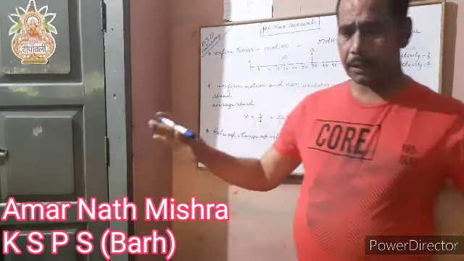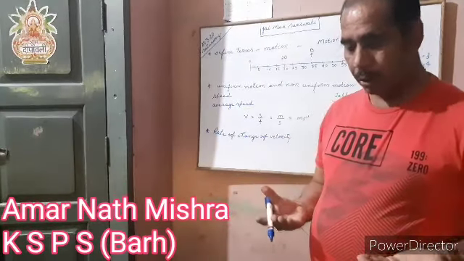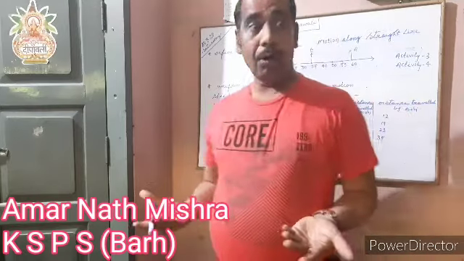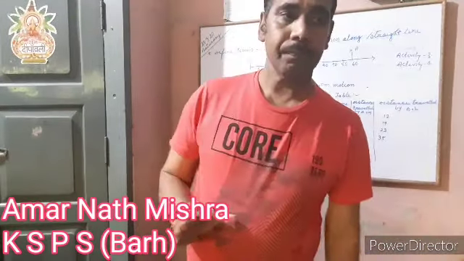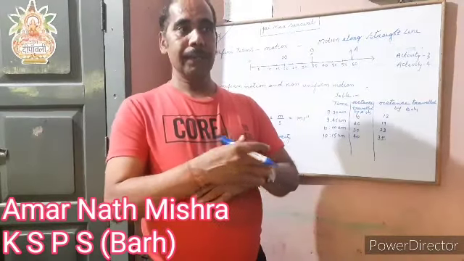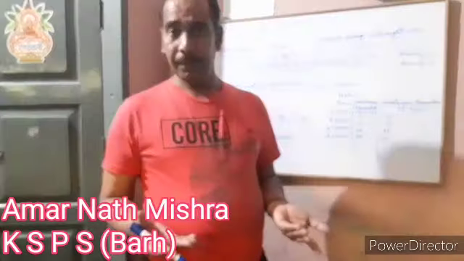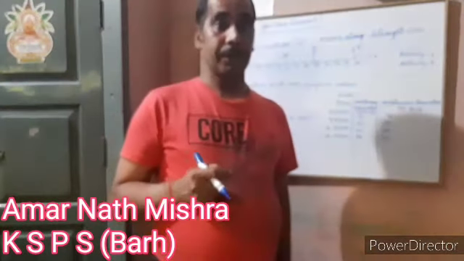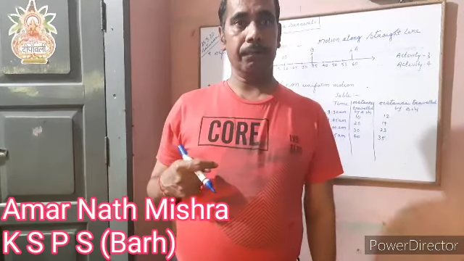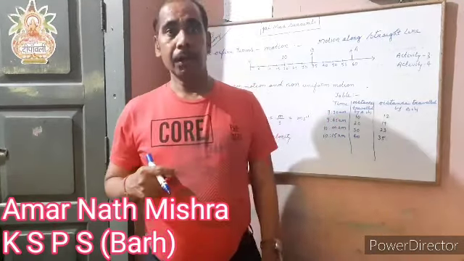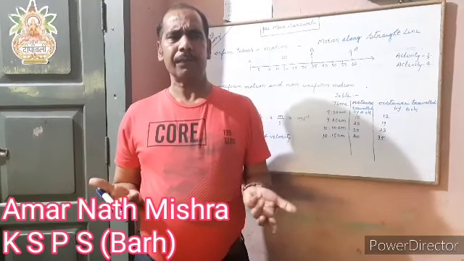Suppose you are in class, then you decide whether we are in motion or not, whether we are at rest or not. When you think about it, you will think, no, I am not in motion, I am at rest. But if you take a reference, if the earth is moving around its axis, that means we are also moving around the axis.